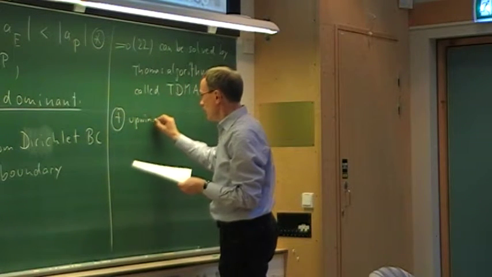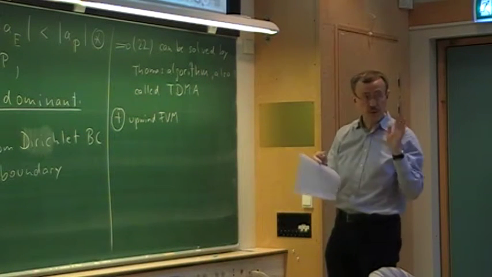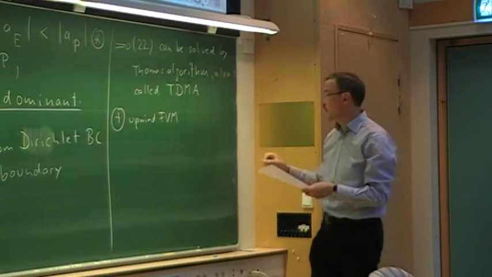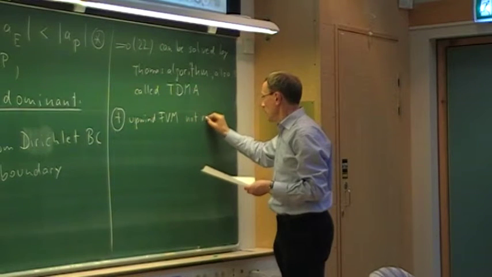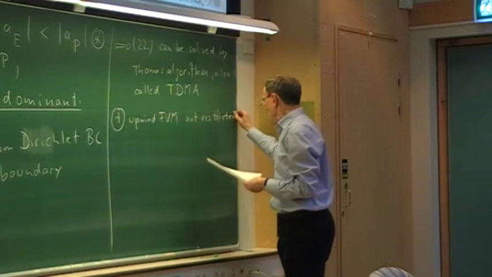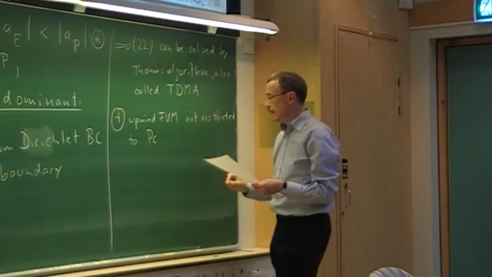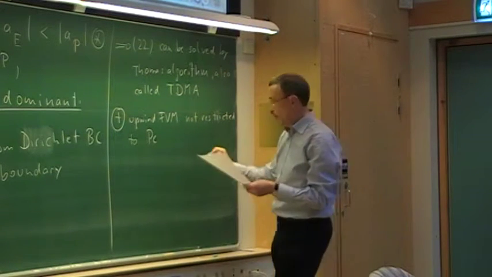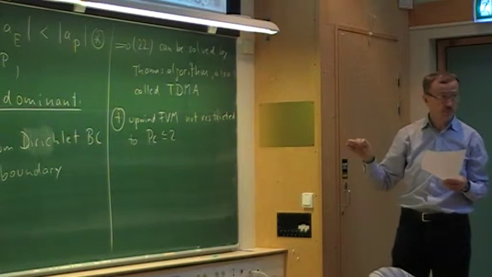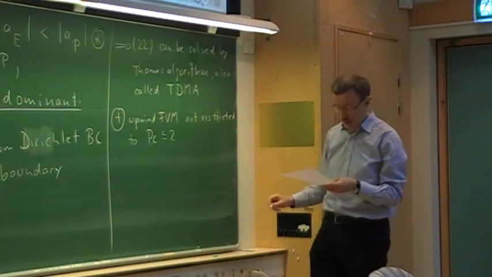So the upwind finite volume method for the convective flux, we use always the central finite volume method for the diffusive flux, that is not restricted by the condition that we had for the central method, which was Peclet smaller or equal than 2. So here you can use larger than 2. There's no restriction to it regarding diagonal dominance.